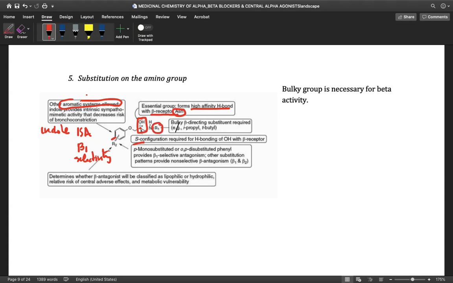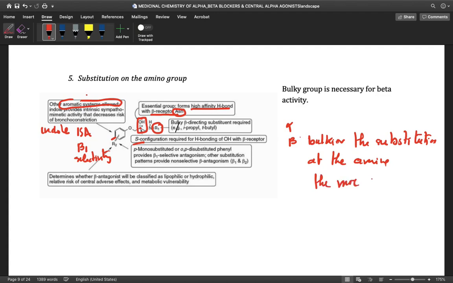The bulkier the R1 group, the more beta directing. Remember, some of these compounds can be both alpha and beta. So the bulkier the substitution at the amine, the more beta selective they are.